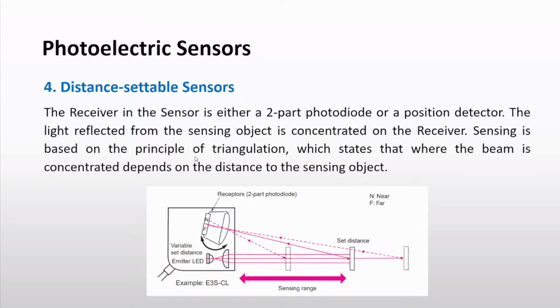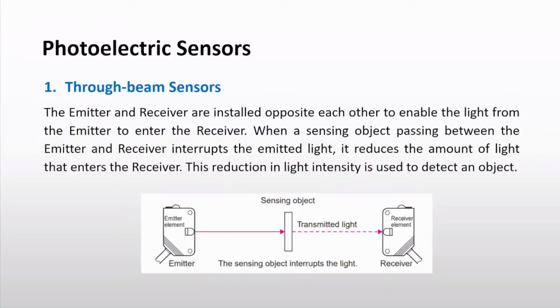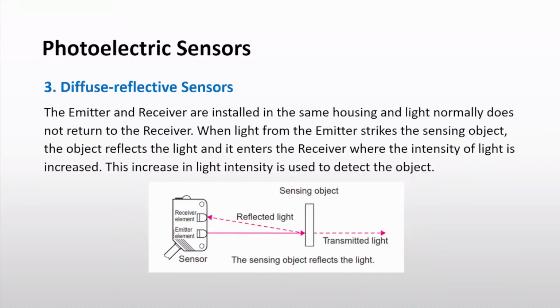So it is a distance settable sensor. Normally in the three sensors that we discussed, through beam, retroreflective, and diffuse reflective, in all three cases we could only detect the presence or absence of an object.